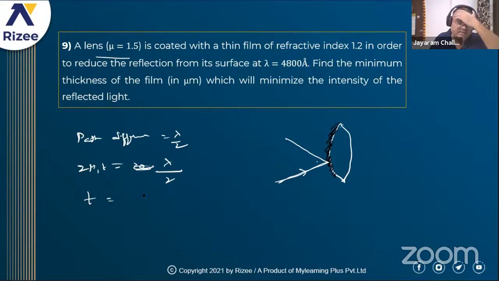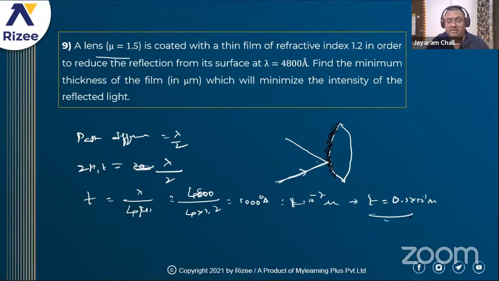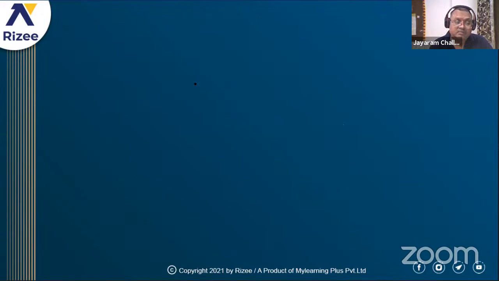We can maintain it as n t is equal to lambda by 4 into mu 1. Lambda is 4,800 angstroms by 4 into 1.2, which comes out to be 1000 angstroms. So t is equal to 10 to the power of minus 7 seconds, or time t is equal to 0.1 into 10 to the power of minus 1 seconds. So this is the time taken. So what is the reflection? 0.1 seconds.